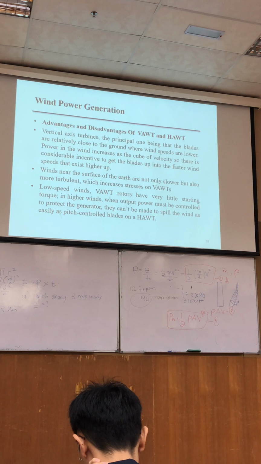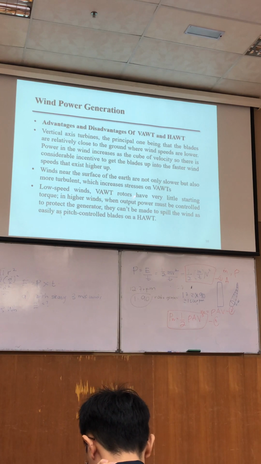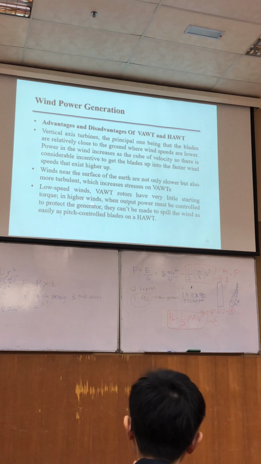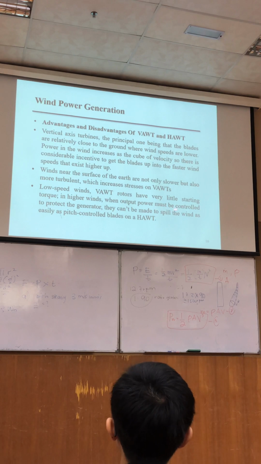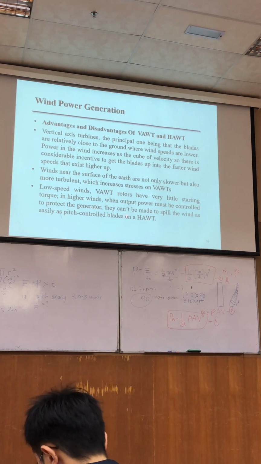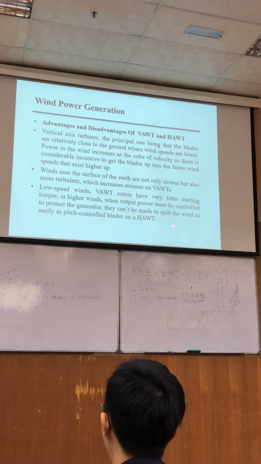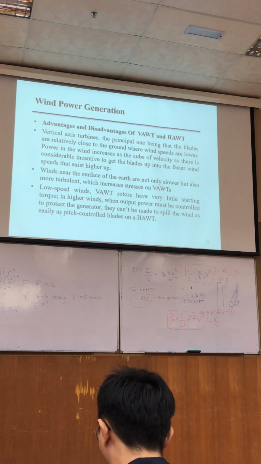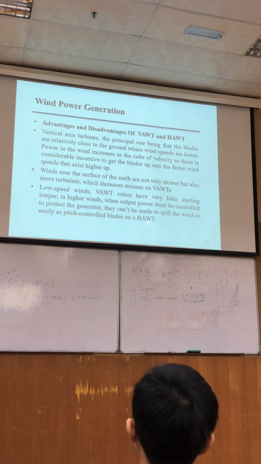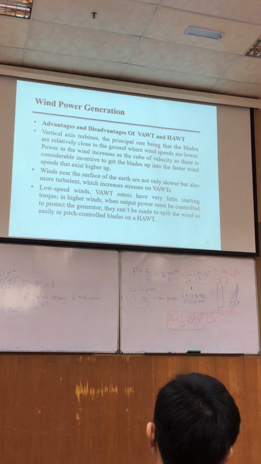It's not stable, which increases stress on vertical axis. In low speed winds, vertical axis rotors have very little starting torque. In higher winds, when output power must be controlled to protect the generator, they cannot be made to spill the wind as easily as pitch control blades on a horizontal axis wind turbine.